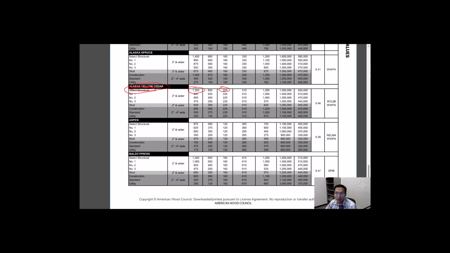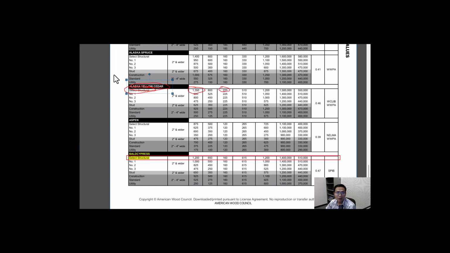So it's very easy now, we have only one option. Therefore, we just pick the pack over here. The one we need to check is select structural, so let me highlight this pack.